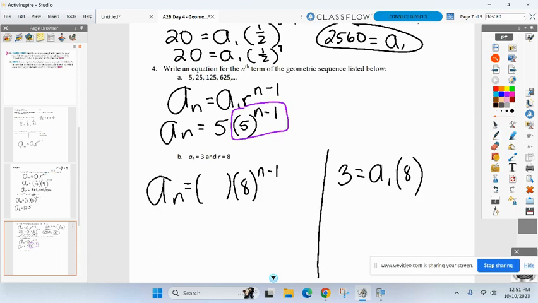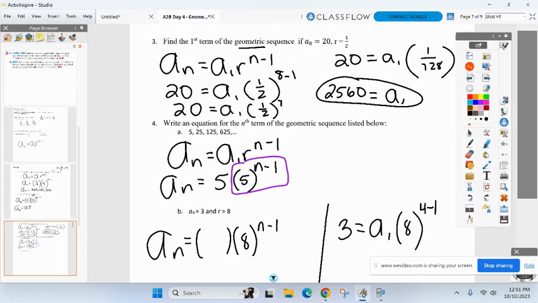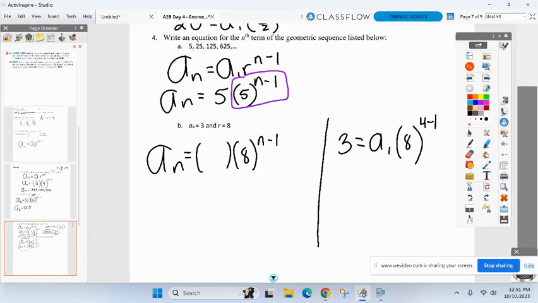Because it's the 4th term, so 4. Again, hey, if I'm confusing people, I get it, but all I'm doing is the same thing I did in number 3. This is the same thing I'm doing in problem number 3 to find the first term. Okay, so 3 equals A1 times 8 to the 3rd, whatever that is, and divide it out.